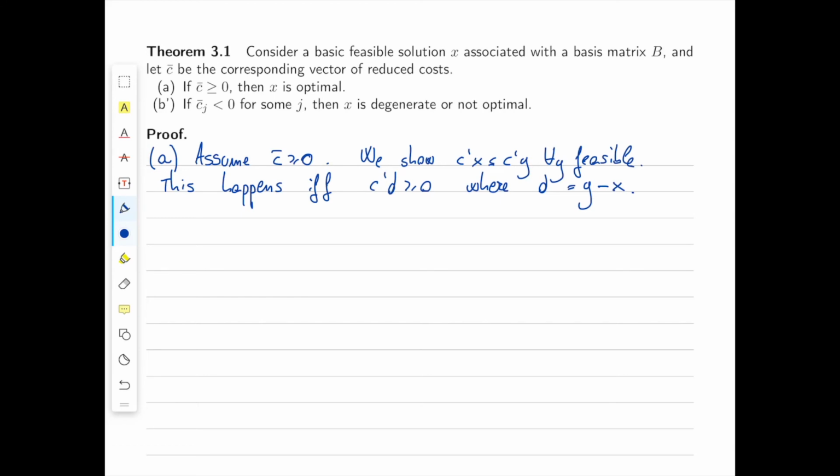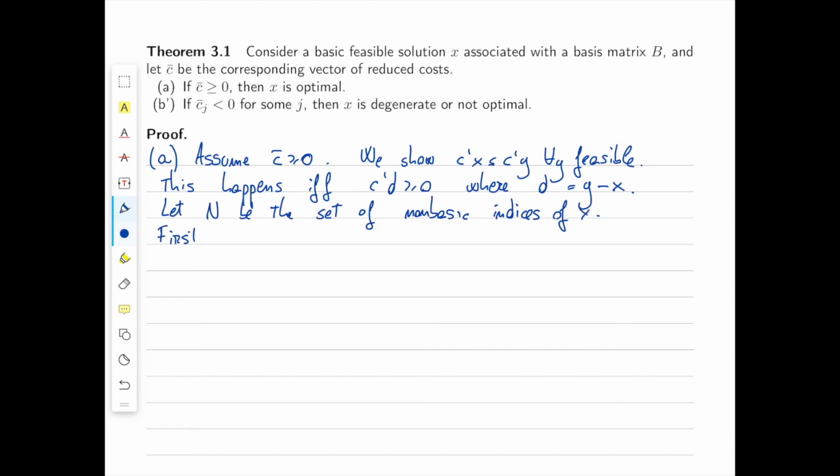The first thing that I want to do is write d_B, so the basic components of the direction vector, in terms of the non-basic components. So let me first introduce the notation for the non-basic indices of x. Let capital N, as usual, be the set of non-basic indices of x.